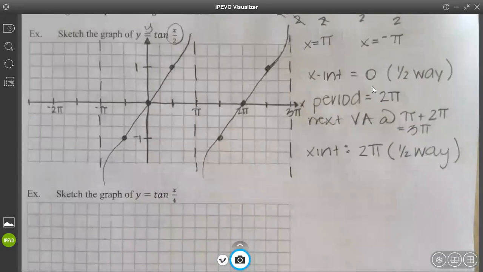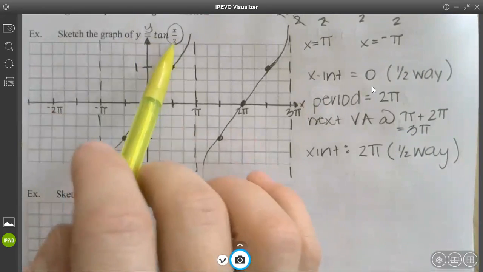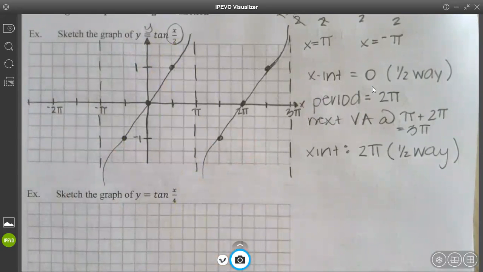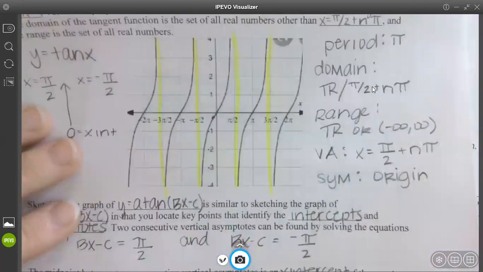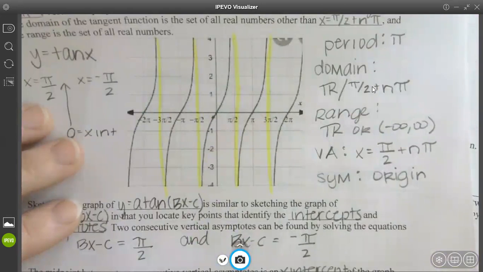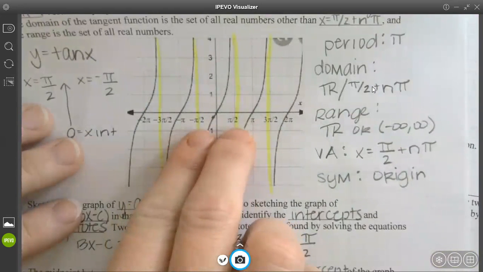What's the difference in the next one? X over 4. So what should happen? What does this 1/2 and this 1/4 do? Okay, go back to this one. This is tan. What were your two vertical asymptotes that we started with?